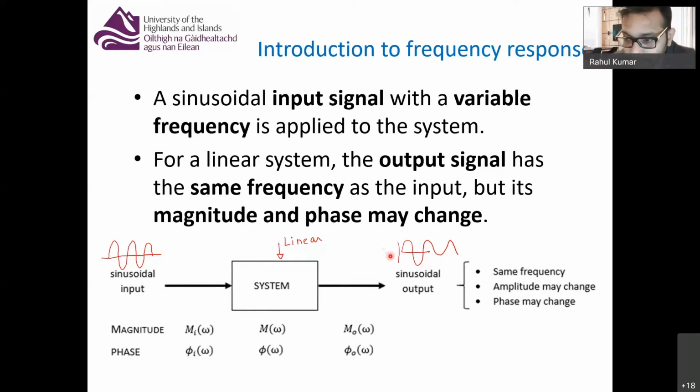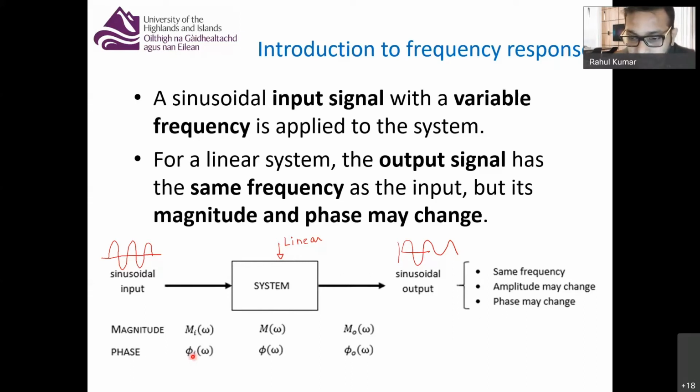Now, the frequency response of your system is denoted by capital M(omega). This is the magnitude response of the system. And phi(omega) is your phase response of the system. Mi and phi i are for the input signal, the frequency response of the input.